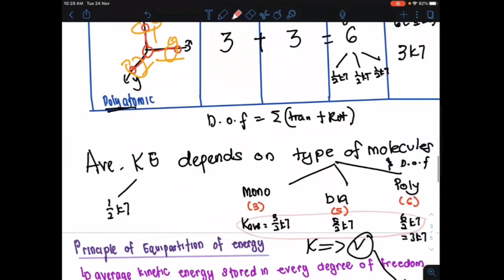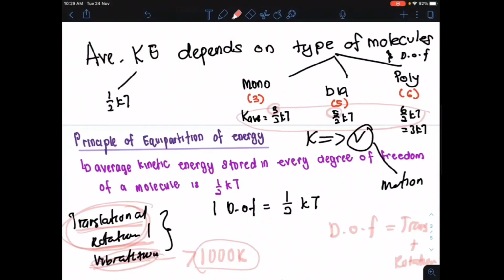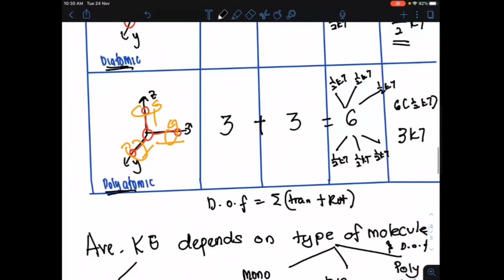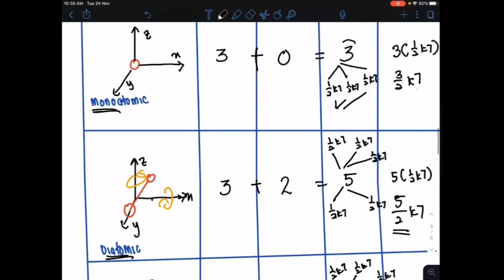What happened here is the top number is changing, yang lain semua constant. Maka kita boleh buat conclusion that your average kinetic energy is equals to kT/2 darab dengan F. F adalah degree of freedom.